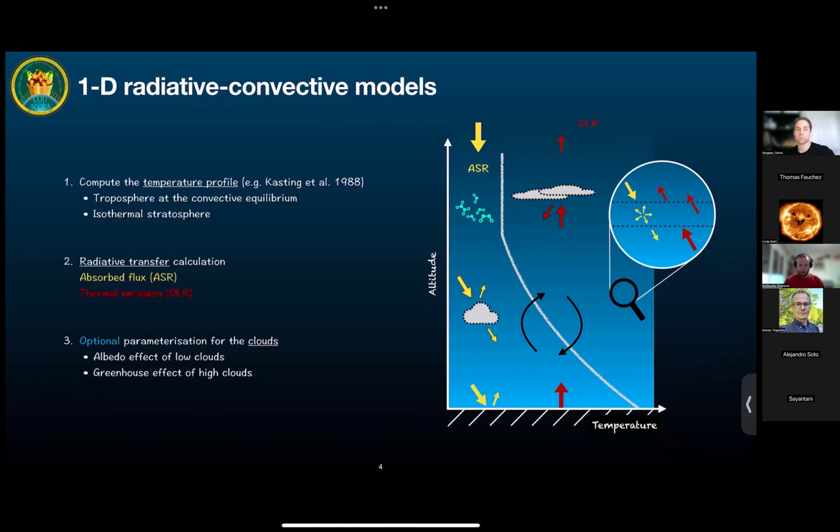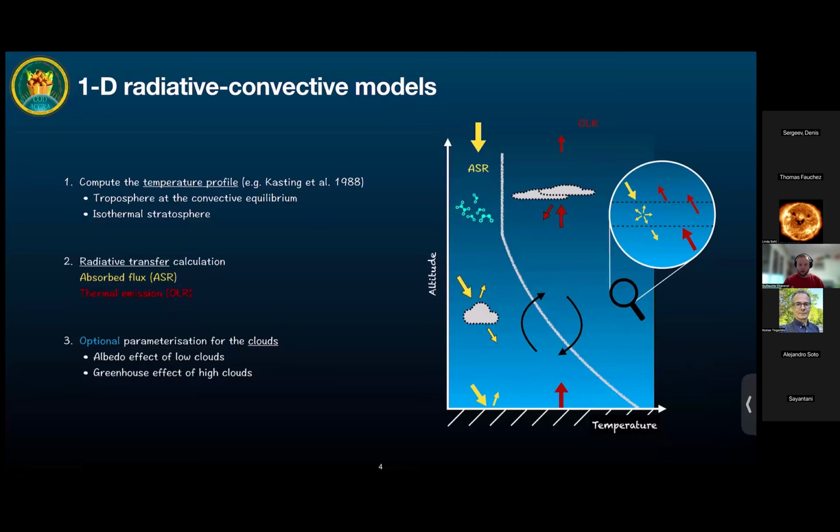We can also add several parameterizations in the atmosphere to mimic the effect of the clouds, for example, both regarding the thermal emission of the planet, so the greenhouse effect of the clouds, and their albedo, modifying the Bond albedo of the planet. We can also add, for example, photochemistry at the top of the atmosphere.